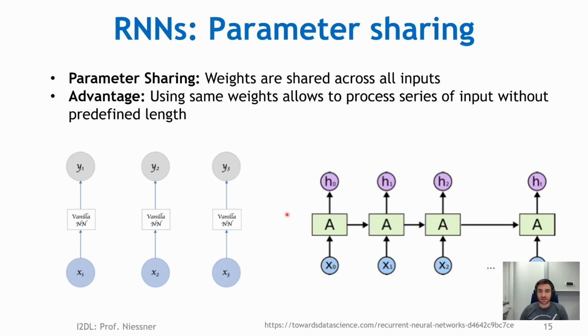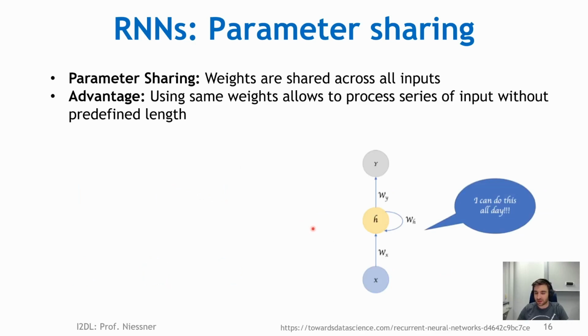One important concept of RNNs is parameter sharing. The idea is that for a single training step and all items in our training sequence, we apply the same weights to all input items. This has the advantage that we don't need to define the length of the series beforehand. This figure shows this quite well.